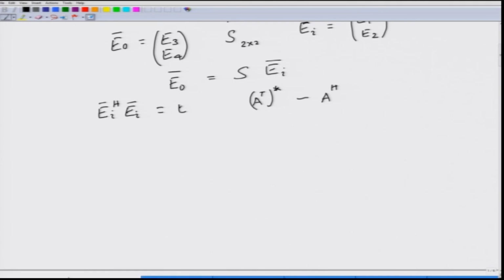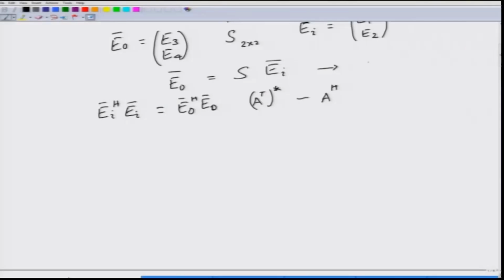This has to be equal to the total output energy. But I already know the relationship between the output electric field and the input electric fields, right. The output optical electric field and input optical electric field are related by the coupler matrix S, or the scattering matrix S. Taking the transpose of this equation implies that E0 transpose will be EI transpose times S transpose.